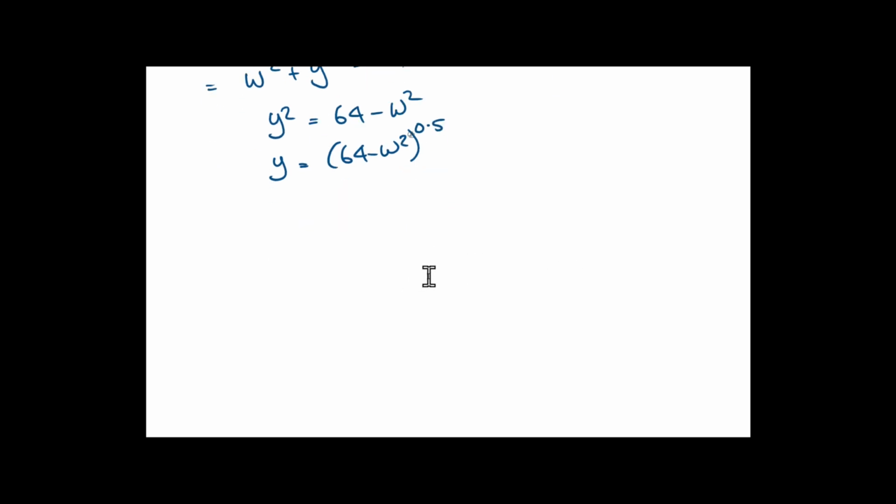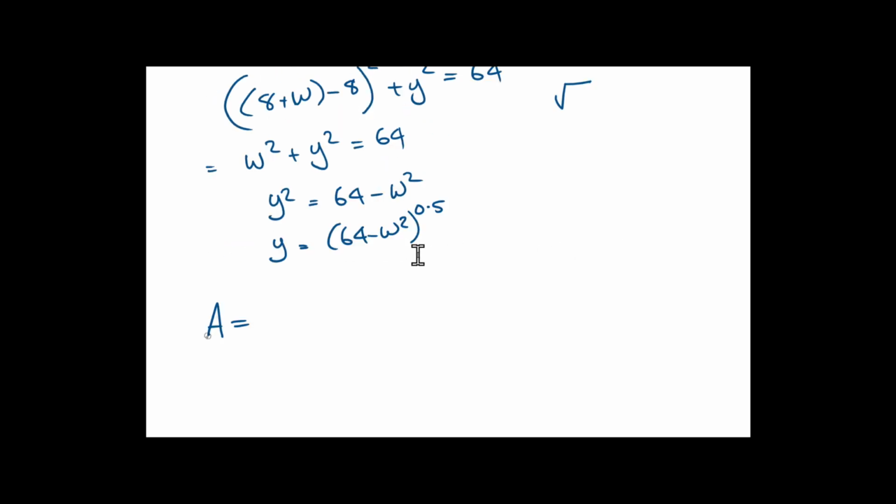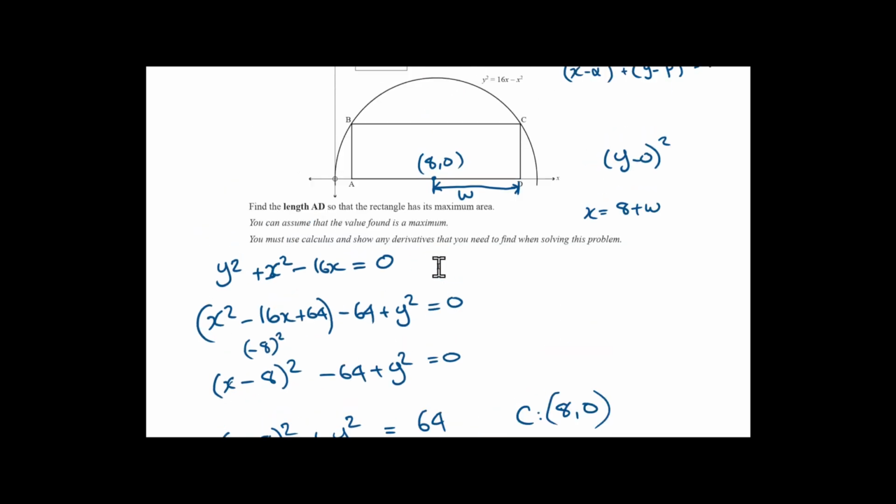Now what we want to do is deal with the area. So the area of this circle, area of this rectangle, I should say, is going to be 2W times whatever the Y value is.